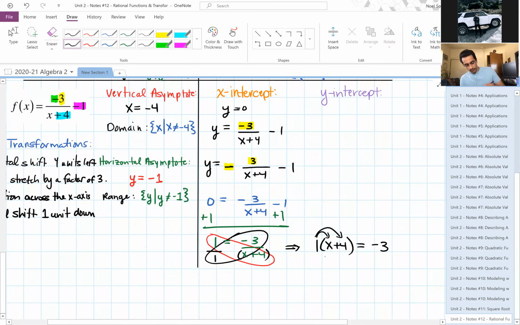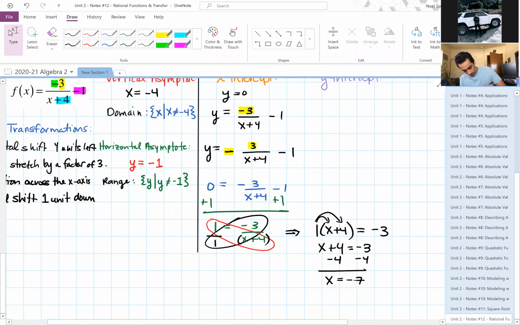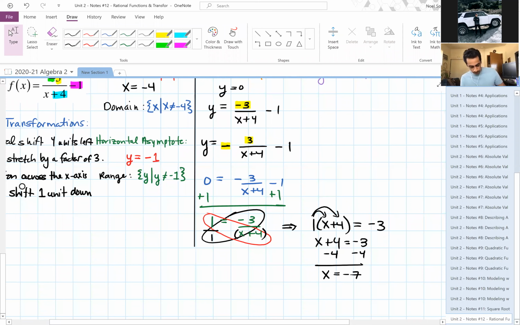Distributing 1 doesn't change anything. That's just x plus 4 equal to -3. Solving for x, subtract 4. x will equal -7. So my intercept will be -7, 0.